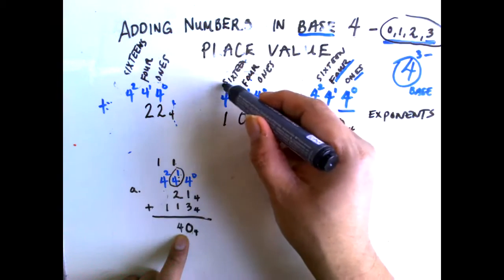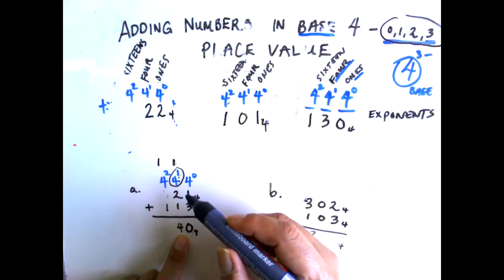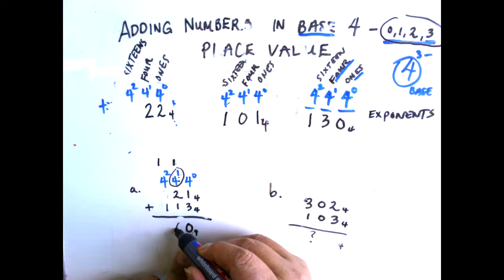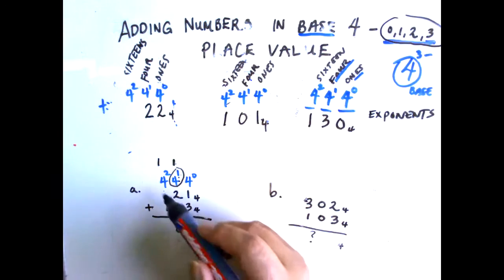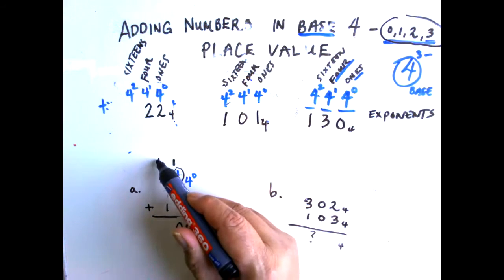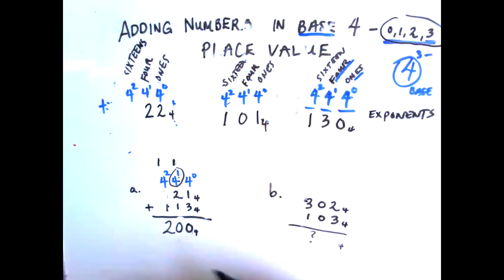So remember, this one is a group of 16, and a 0 remainder. So you have the answer here. How many 4 raised to the power of 2? There's 2 of them. So your answer is 200 in base 4.